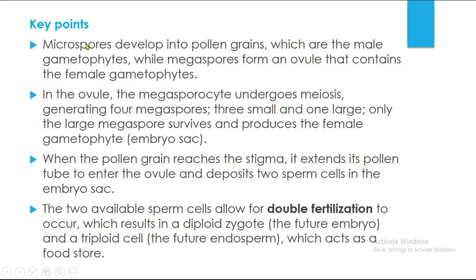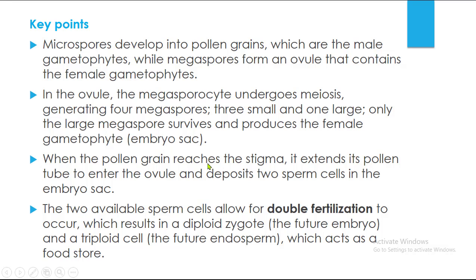So microspores give rise to the male gametophyte and megaspores give rise to the female gametophyte, the embryo sac. In the ovule, the megasporocyte undergoes meiosis, generating 4 megaspores, 3 small and 1 large. Only one of them survives. This is a revision; it is known as the embryo sac.